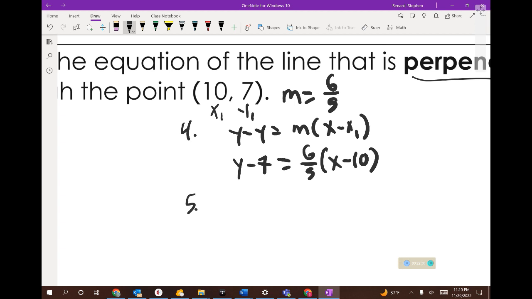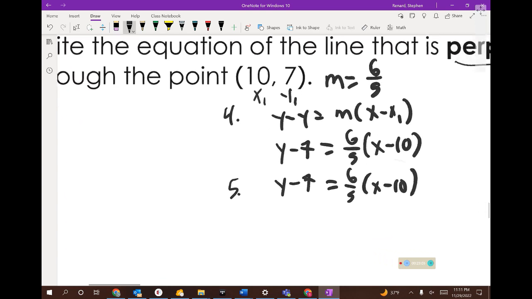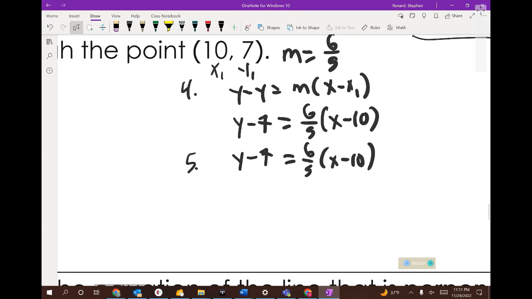Step 5 is we're going to take that equation we just used, which is an equation of the line, but it is an imperfect one. We want to be more specific, so we're going to turn it into slope intercept. And again, to do that, we're going to distribute that slope.